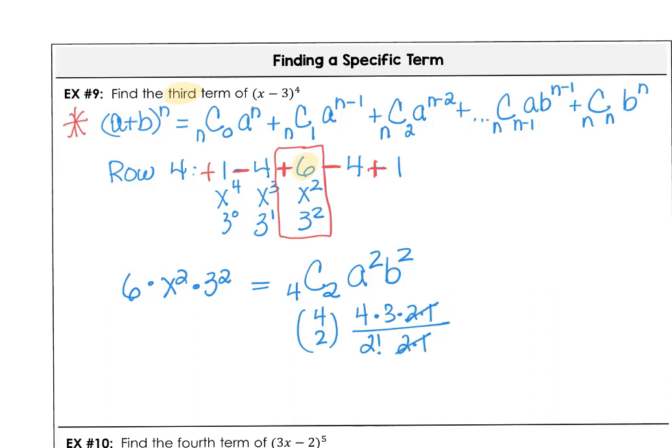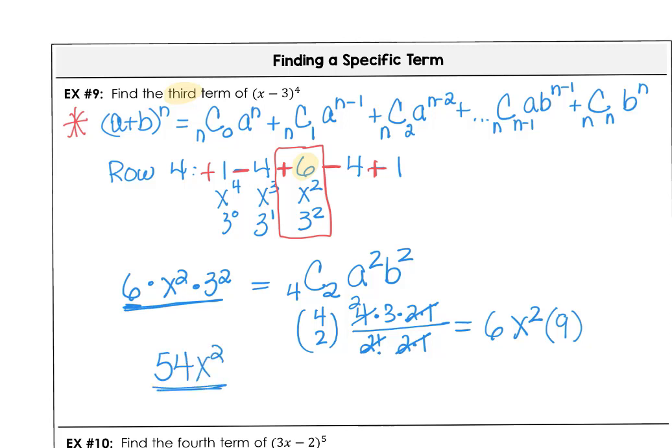So this is gone, and 2 factorial is another 2, so we could divide out this 2. 3 times 2, that's 6, which is what we had. And then our a term was x, so x squared, and our b term was 3, so 3 squared, 9 times 6, 54 x squared, and this would also be 54 x squared.